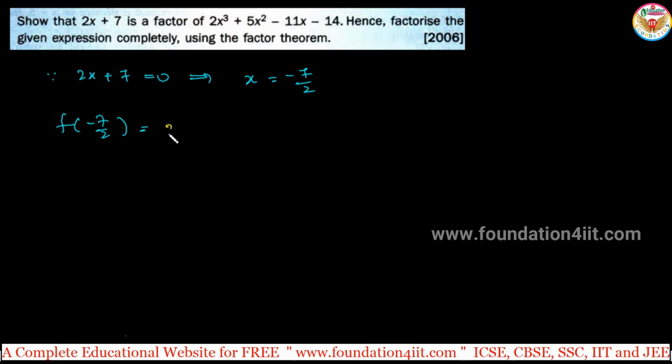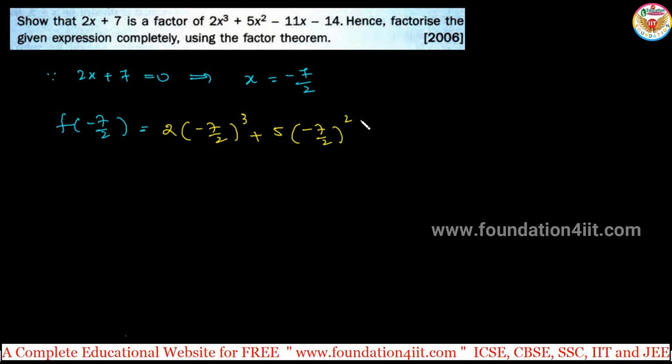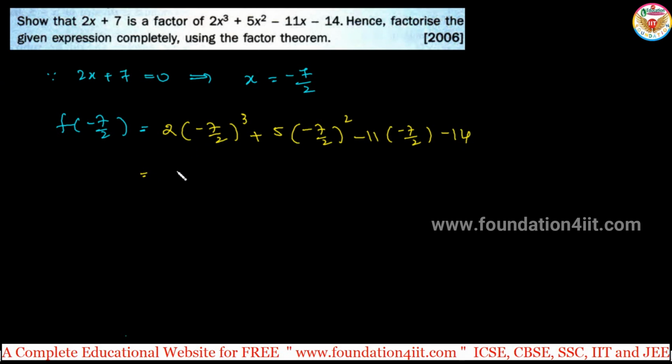So 2x cube: 2 into minus 7 by 2 cube, plus 5x square: 5 into minus 7 by 2 square, minus 11 into minus 7 by 2, minus 14. Yes, you try to simplify this now. Minus 7 by 2 whole cube into 2 is minus 343 by 4.